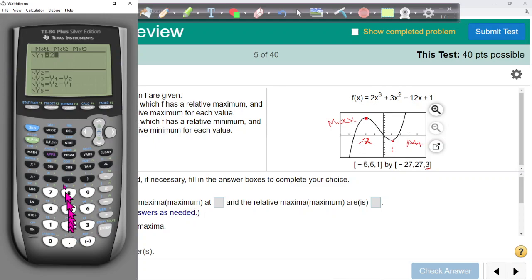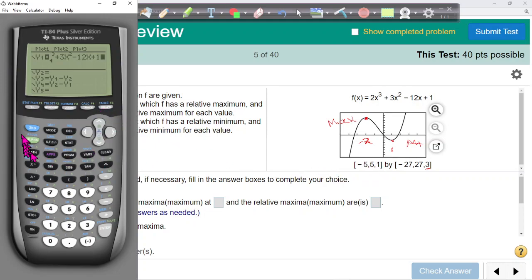We enter in 2x raised to the 3rd plus 3x squared minus 12x. Just make sure you get it in correctly. If you make an entry error, of course everything else will be wrong.